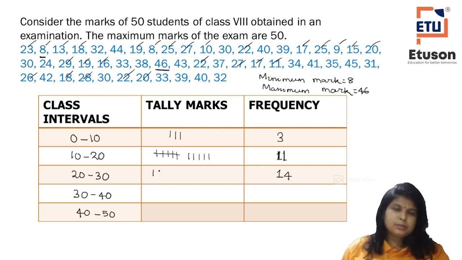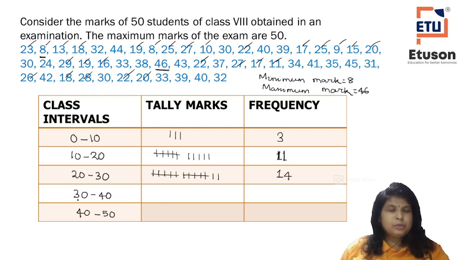So let us draw the tally marks. So 1, 2, 3, 4, 5, 6, 7, 8, 9, 10, 11, 12, 13, 14. Okay. So coming to the next class interval, 30 to 40.